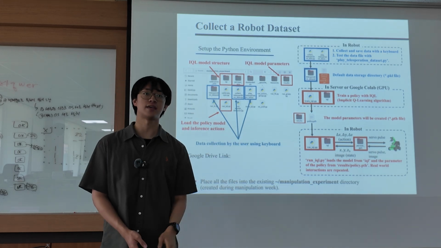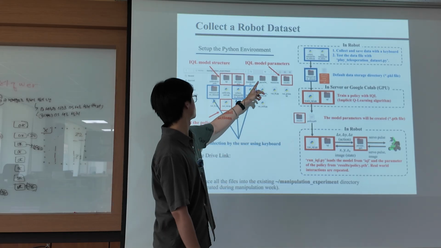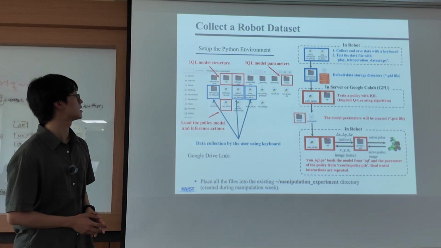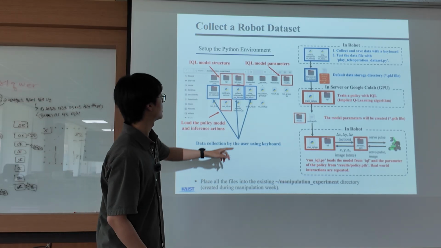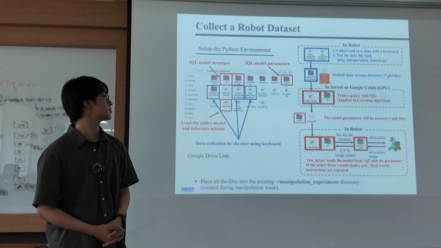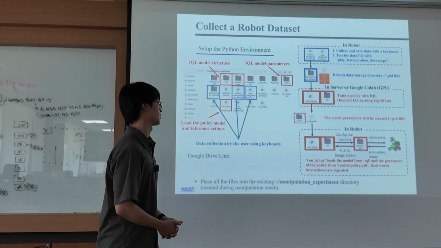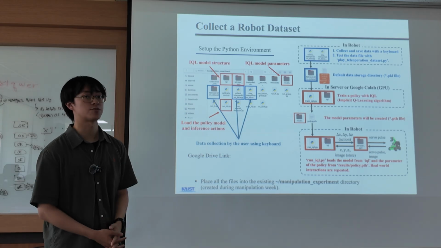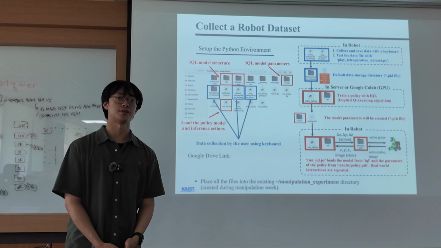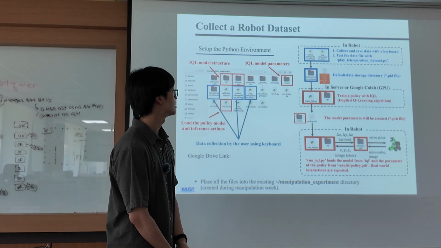Briefly, they are in Google Drive, but the result, checkpoint, and data set are not in Google Drive. You should collect them manually. And we have a collect teleoperation data program and a play teleoperation data set program, and also run IQL.py, which can run the trained checkpoint with the JetRover robot.